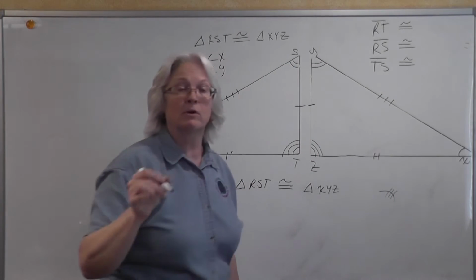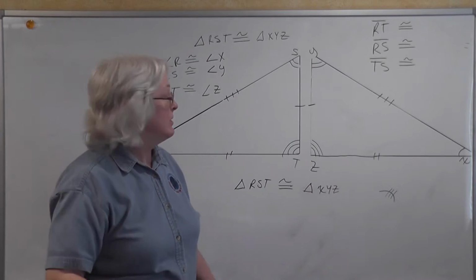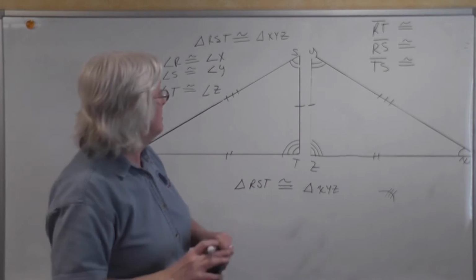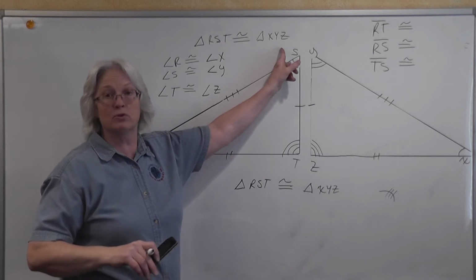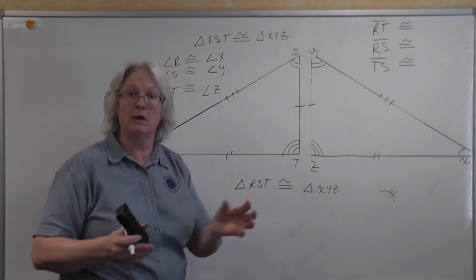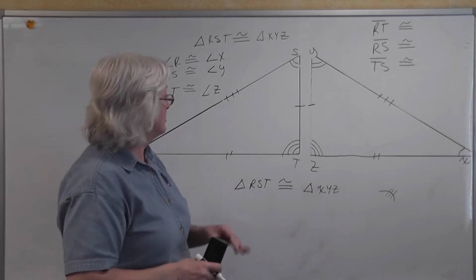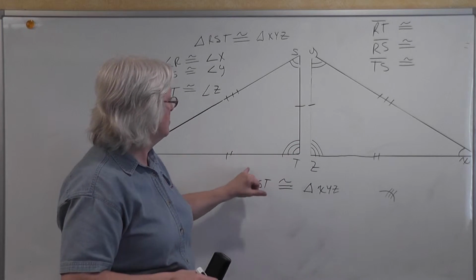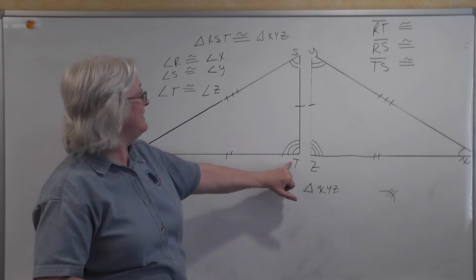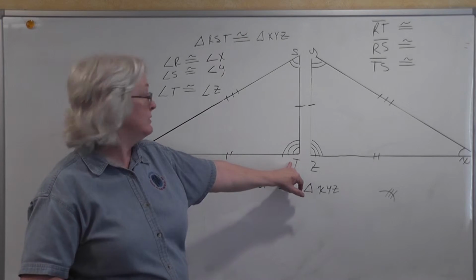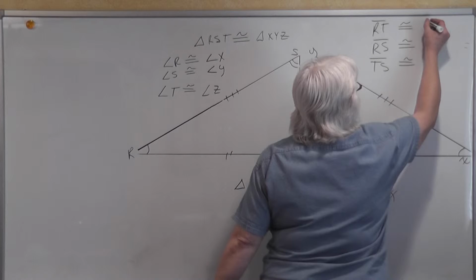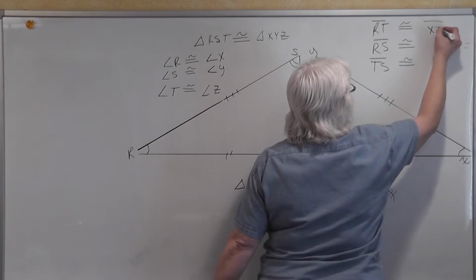And you know what they're congruent to, not because the shapes look the same or because the shapes look different. You know that they're congruent because it says the triangles are congruent. Congruent triangles, the sides are the same length, the angles have the same measure. And they've marked for us which sides are congruent. So line segment RT is going to be congruent. It has 2 hash marks. It's congruent to this one. To line segment XZ.